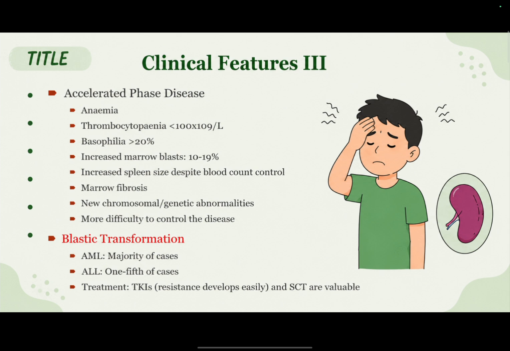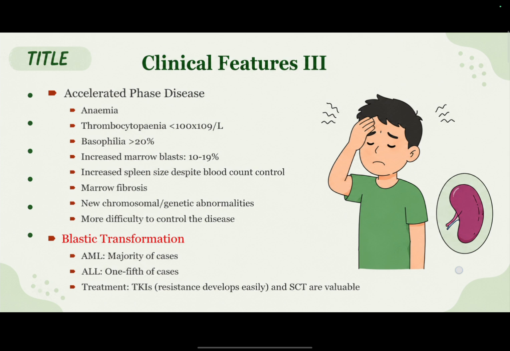Diagnostic criteria here include worsening cytopenias, basophilia increasing beyond 20%, a marrow blast count between 10 to 19%. Clinically, you will note the spleen size increasing despite the blood count control, accompanied by worsening marrow fibrosis and new genetic abnormalities.